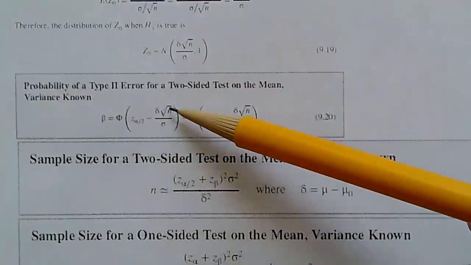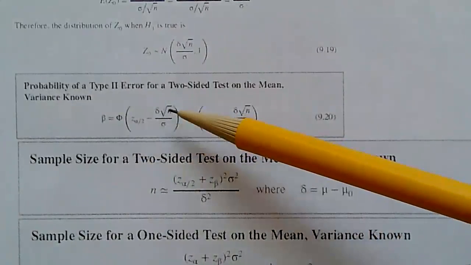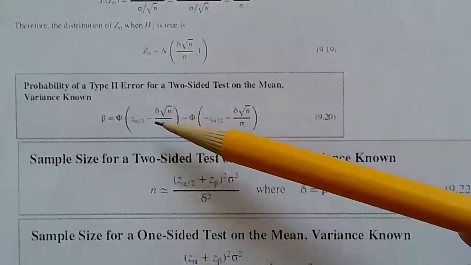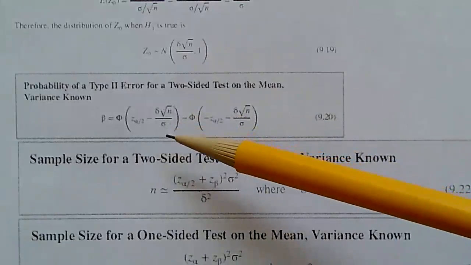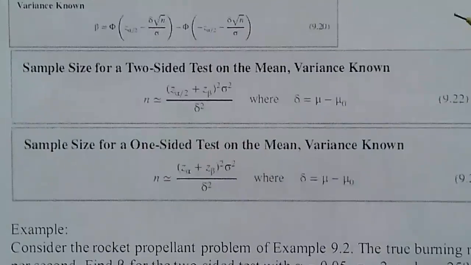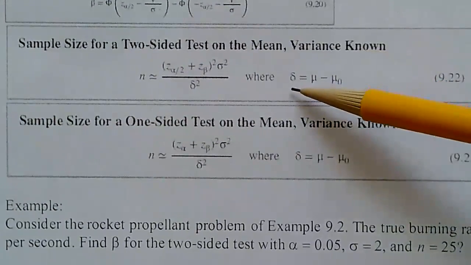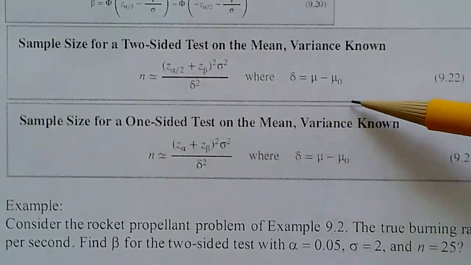And so in this case, we can identify the difference of those two means, multiply by the square root of the sample, divide by the standard deviation, and that z of alpha over 2, that z statistic, gives us the probability of the type 2 error on a two-sided test, which means we can also manipulate that equation to find n. And this is the one that we're actually going to be focusing on most of the time.